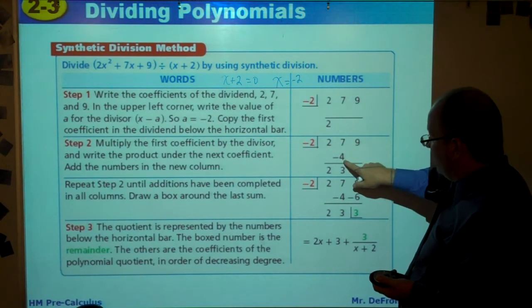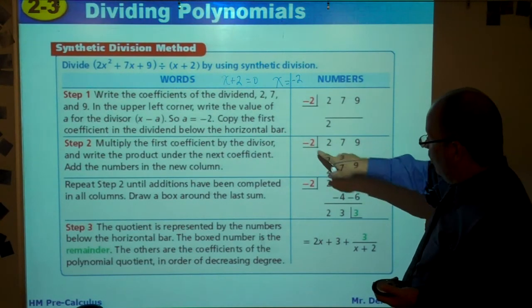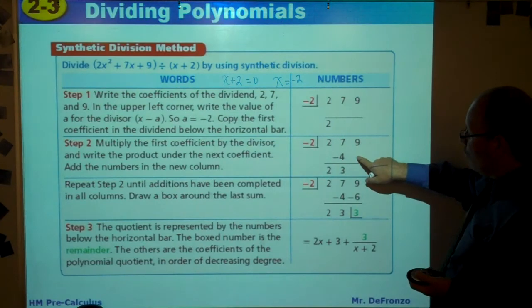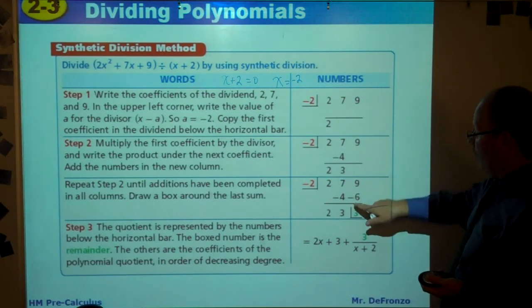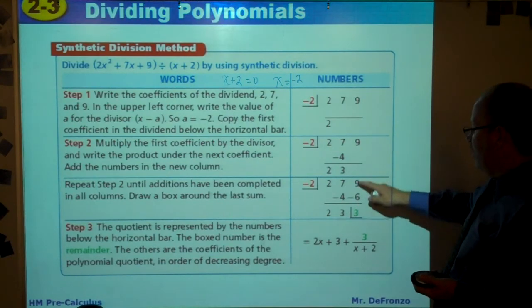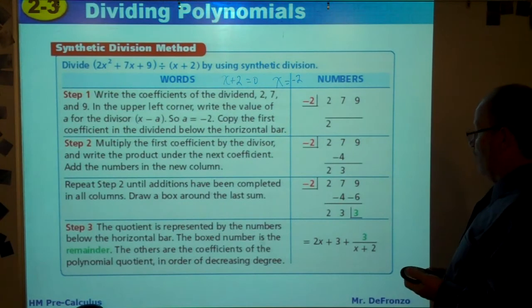Then we combine these two. Write it there, and then we take this number times this number, and we write it here. That's what's happened here. Negative 2 times 3 is negative 6. Now we combine these two. This number is now our remainder.